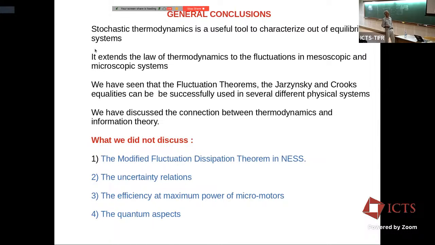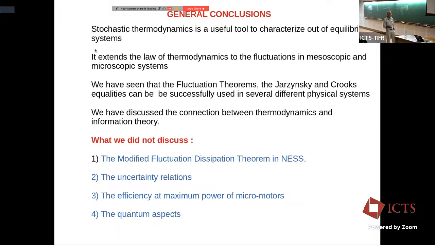And I have discussed also the connection between thermodynamics and information theory. What I did not discuss is the modified fluctuation dissipation theorem in non-equilibrium steady states, because we'll need a long discussion about that. The uncertainty relations that fix several limits, for example, for the efficiency and maximum power of micromotors, that is an interesting aspect.